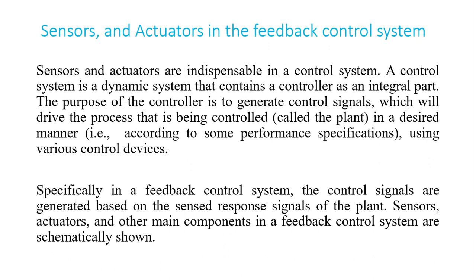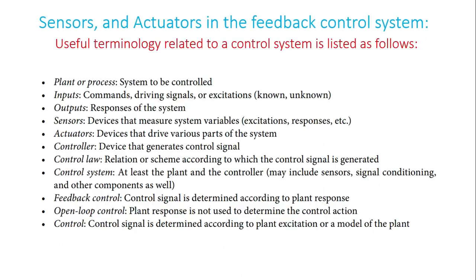Sensors, actuators and other main components in a feedback control system are systematically shown. Here the different terms which are used in the feedback control system are listed. That is plant or process, the system to be controlled.